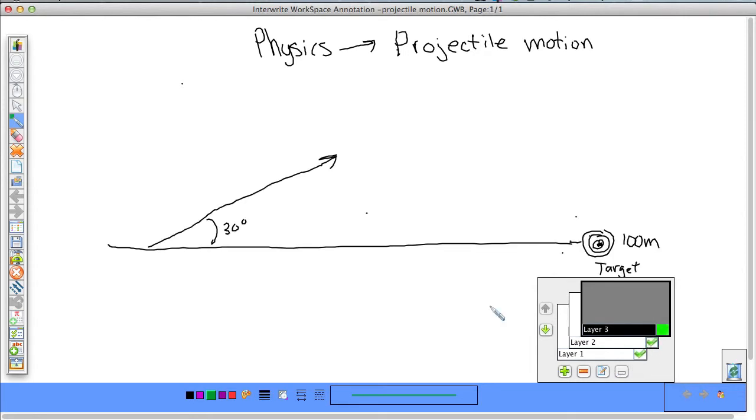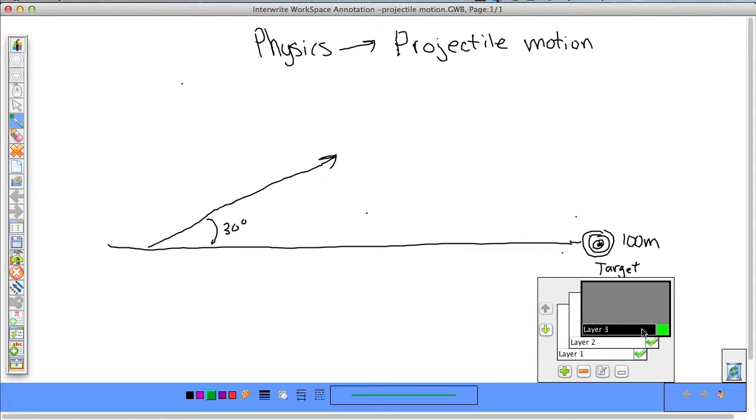So I have a scenario set up here. Let's say that you chuck something at a 30-degree angle, and you needed to hit a target that was exactly 100 meters away. How hard, with what velocity, would you have to throw it?